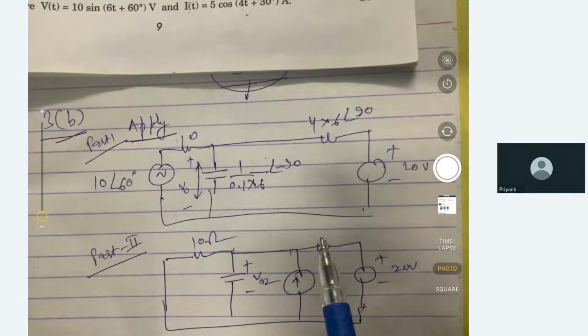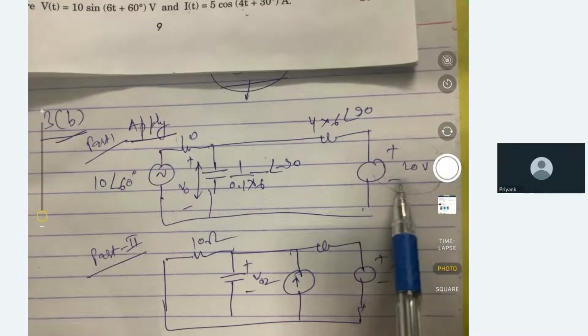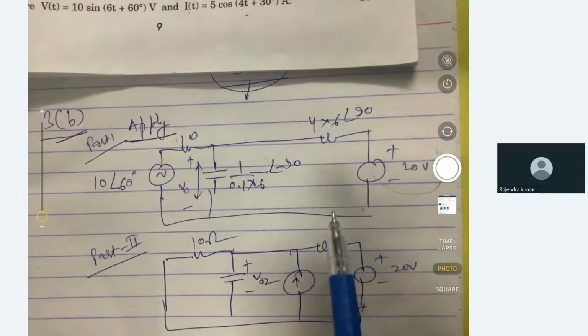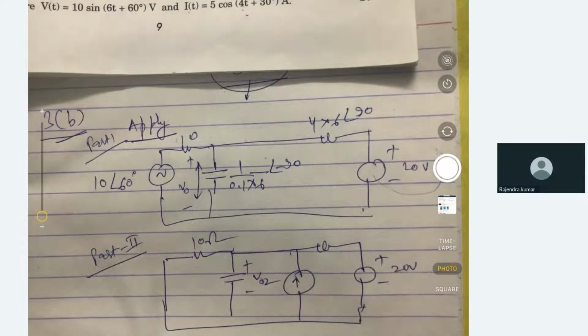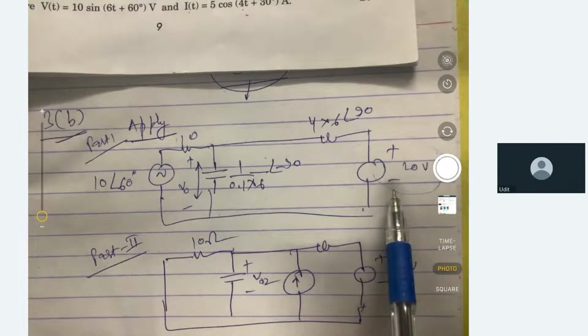Actually, I have ignored this, means I have not taken this in superposition, so I don't think it will affect. Because in first case also the 20 volt source came two times, I think. Maybe we can neglect the 20 volt source in the second part when we are taking the current source, DC source.